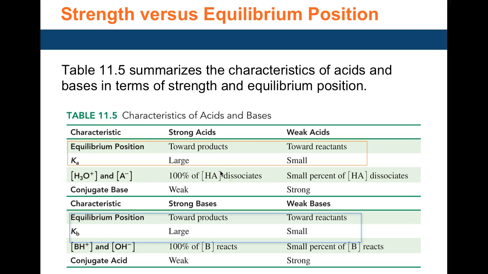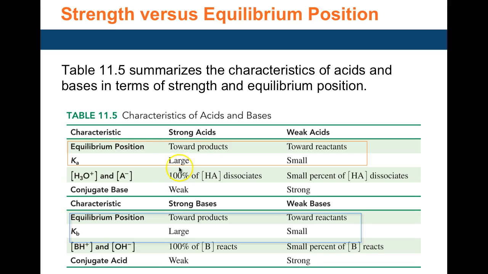Here in table 11.5, it summarizes how to determine acids and bases and what their characteristics are. If you have a strong acid, that means the Ka value is really large, much greater than 1. That's why it's unidirectional. It forms only products, only ions, 100% dissociation.